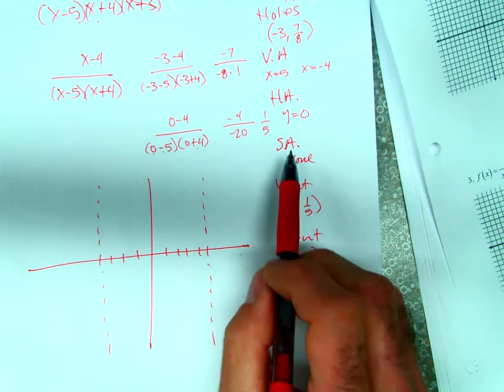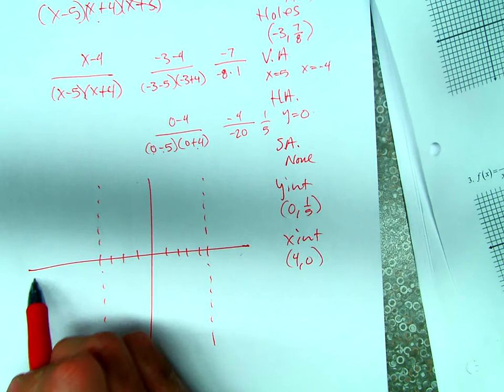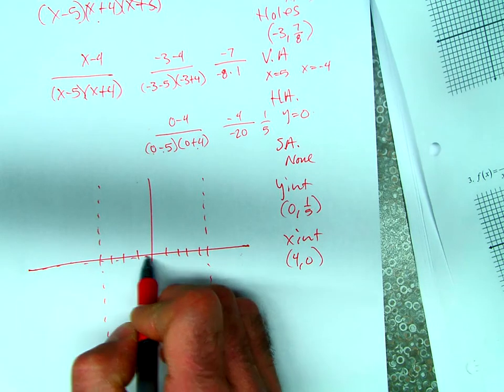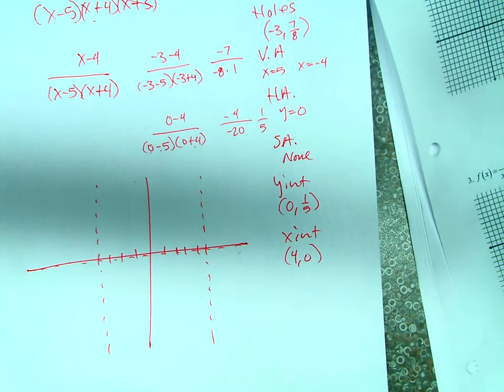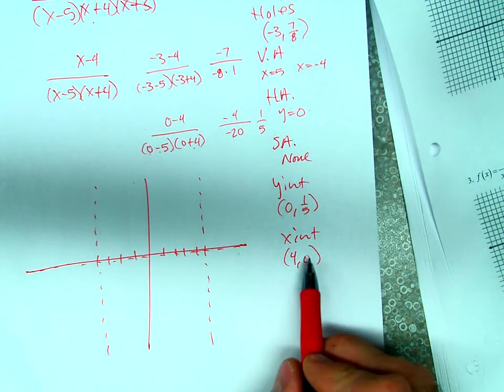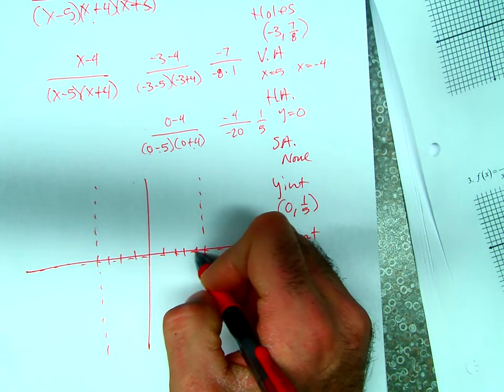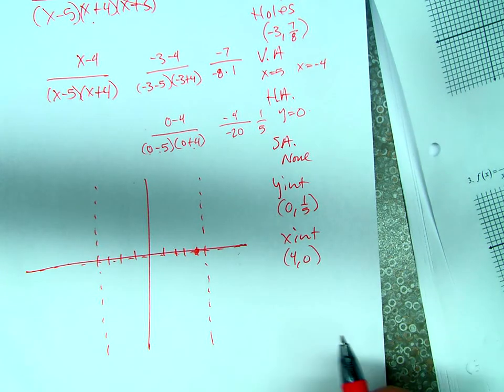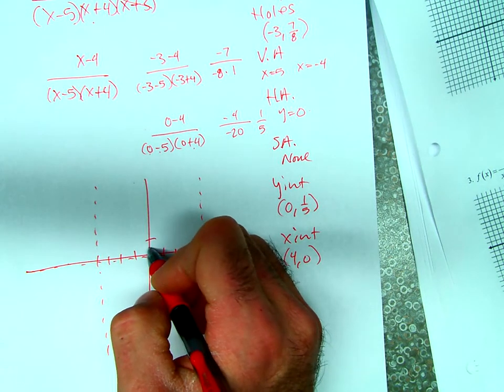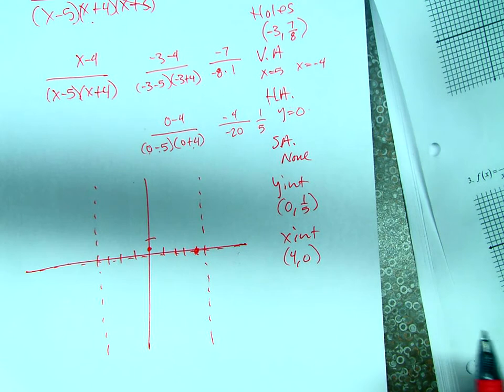Horizontal asymptote is again y equals 0. Very important, you can cross the horizontal asymptote. x-intercept is 4. y-intercept is 1/5. This looks very similar to the last one.